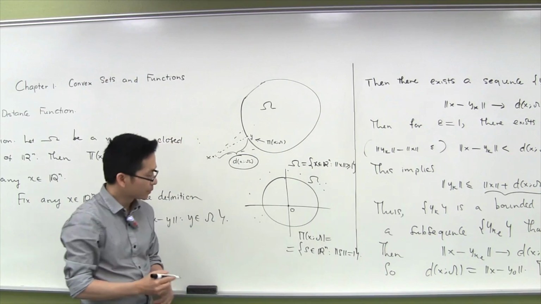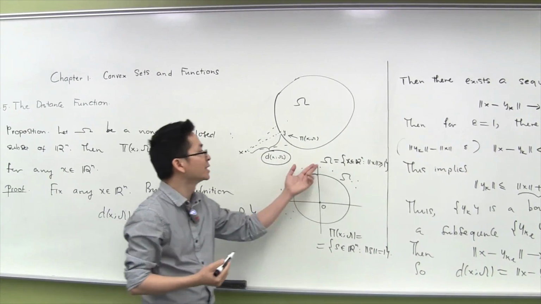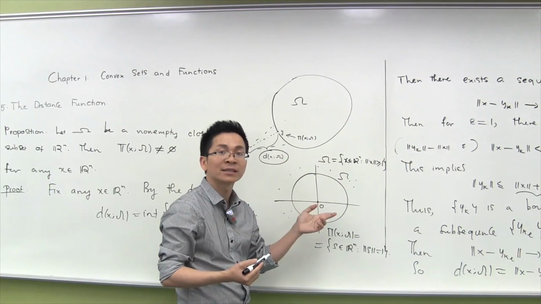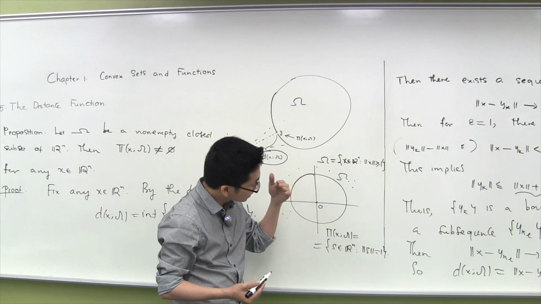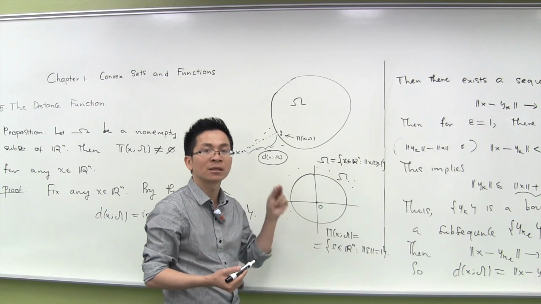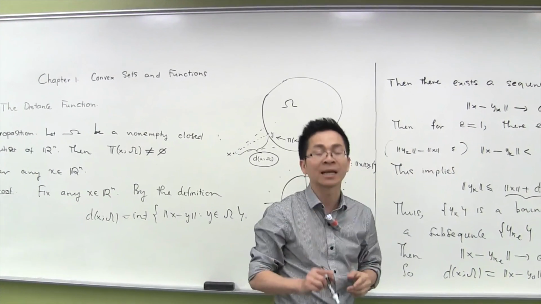In what follows, we're going to show that if we assume additionally that omega is convex, in this example omega is non-convex, then if omega is a non-empty closed convex set, the Euclidean projection from x to omega is a singleton.